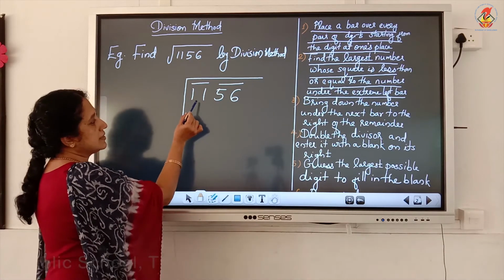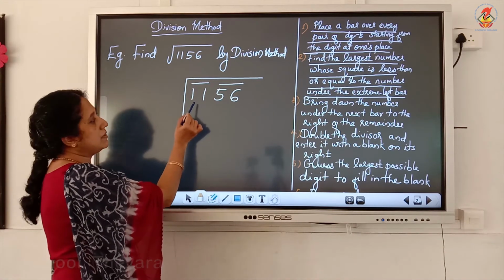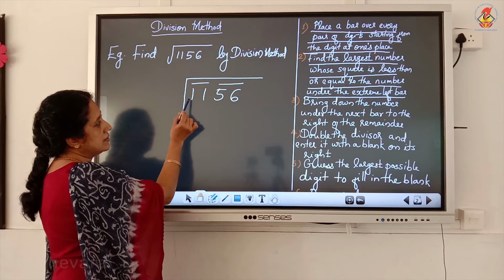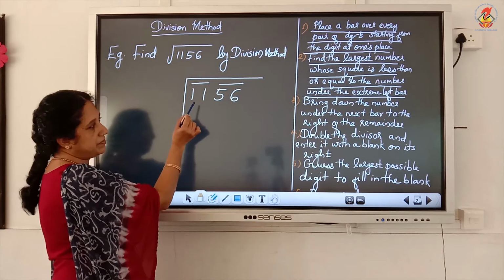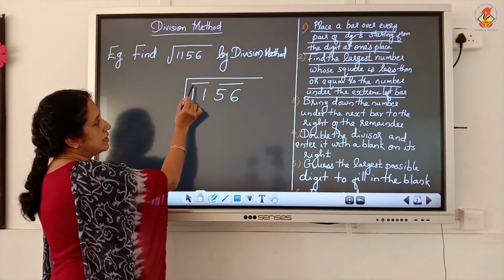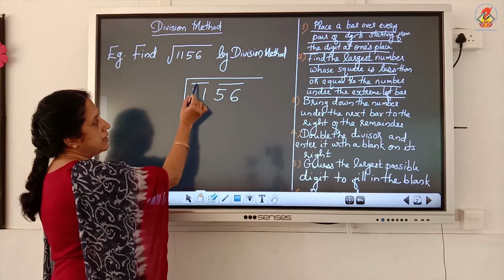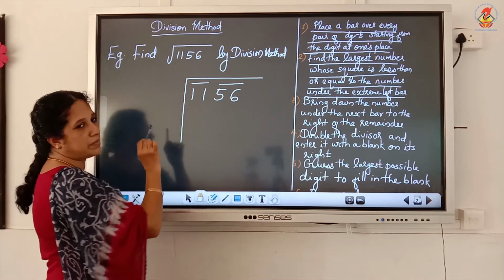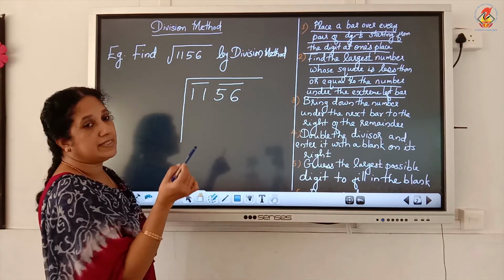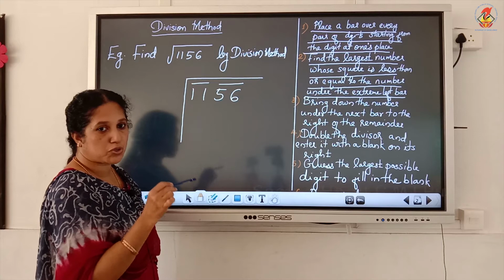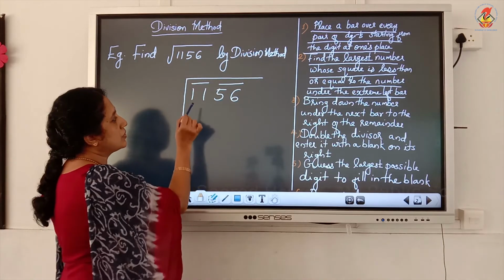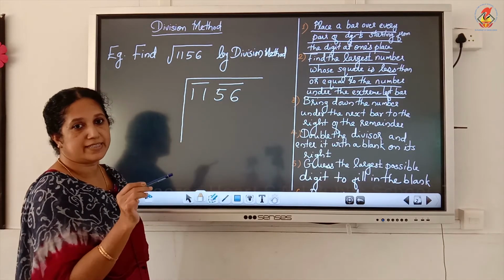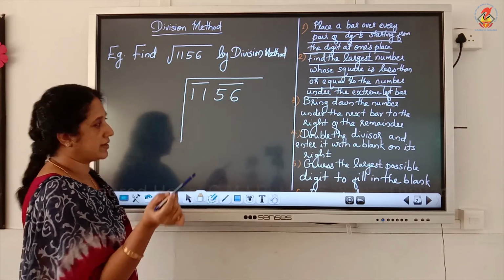So consider the number under the extreme left bar, which is 11. Find the largest number whose square is less than or equal to 11.